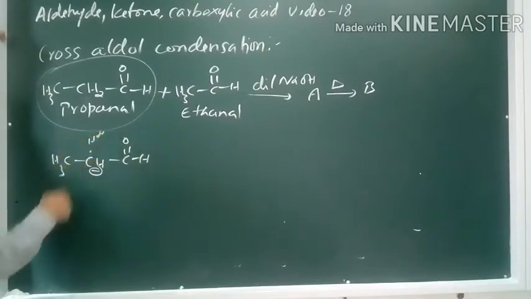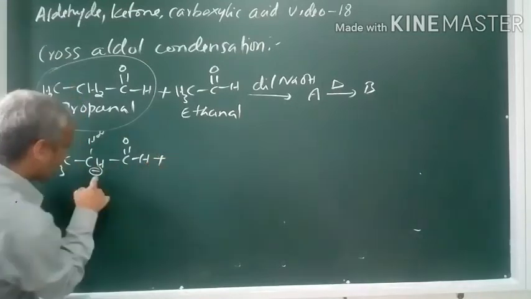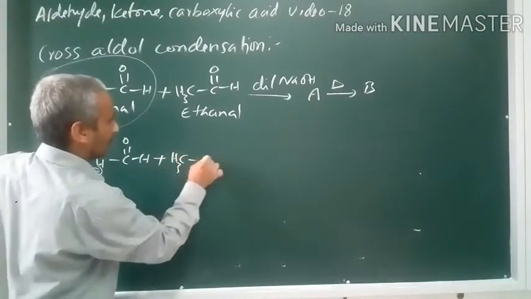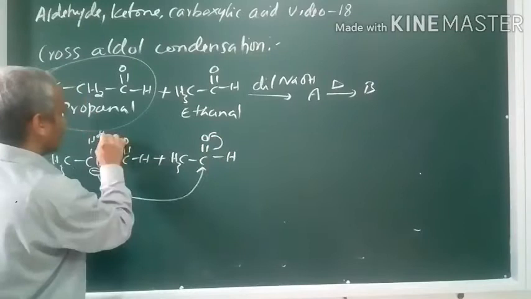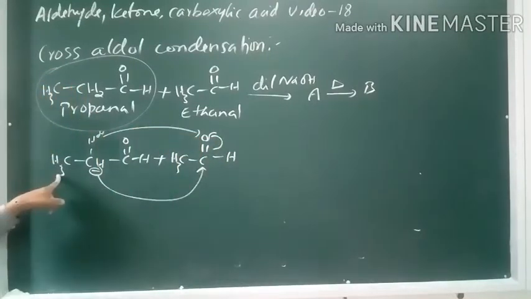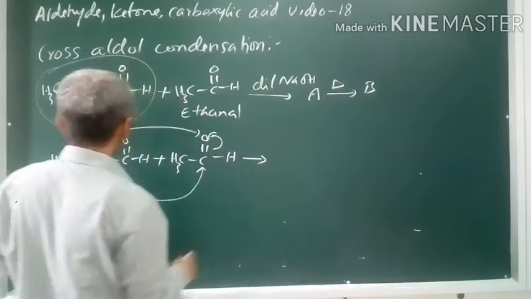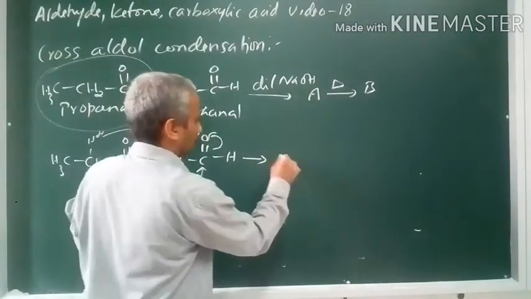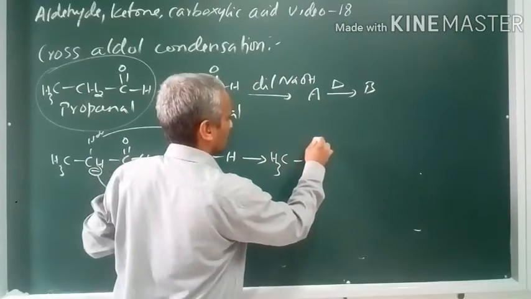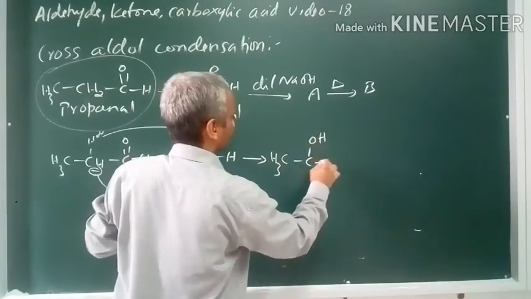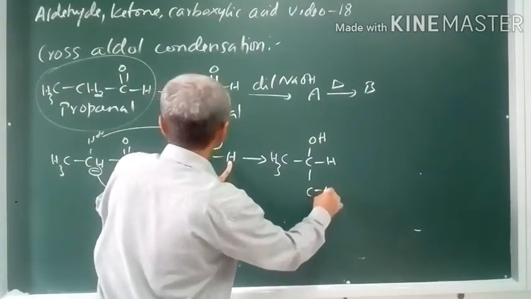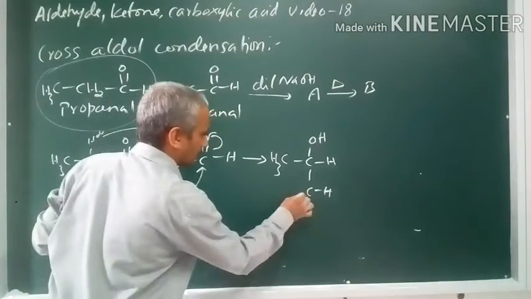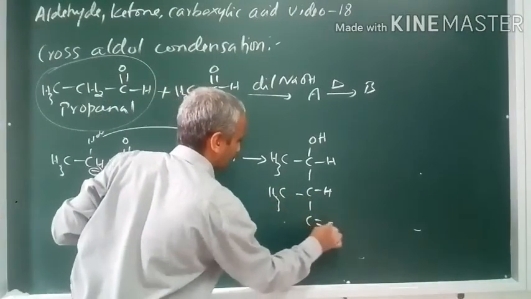Now this can attack CH3 CHO, and the hydrogen is taken by this. So what is the product now? I am going to get CH3 CHOH CH, then CH3 CHO.